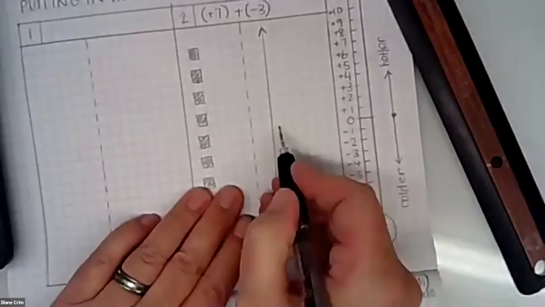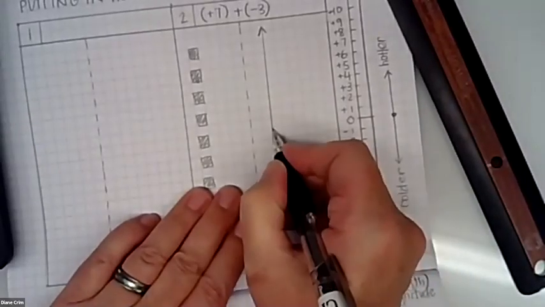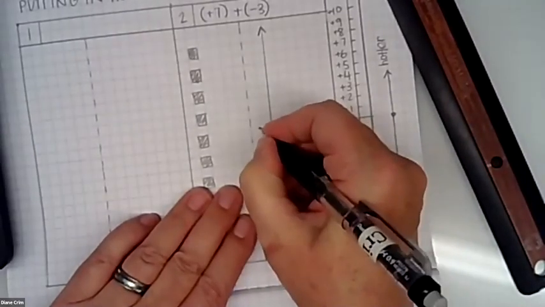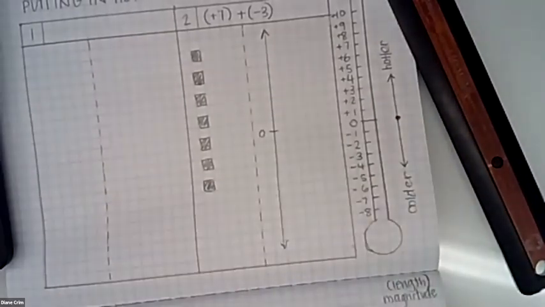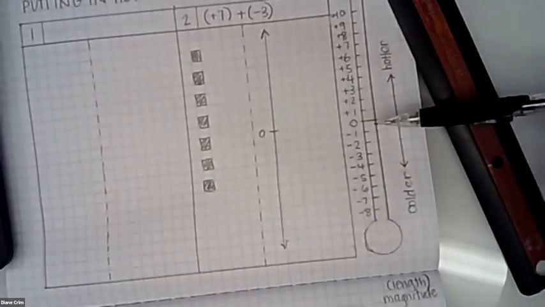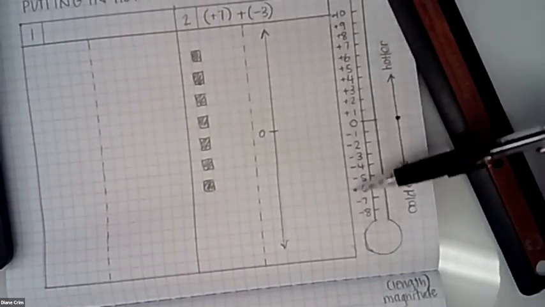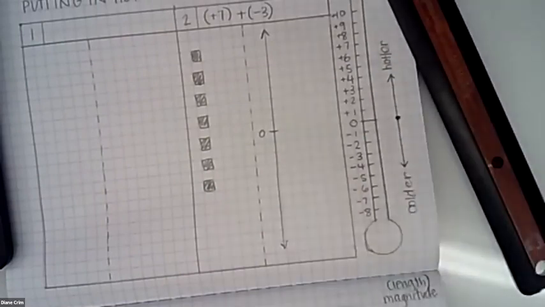And I'm going to put 0 right here at the same place. Now you're going to notice on my vector diagram that I'm actually not going to take the time to write all of these numbers in.